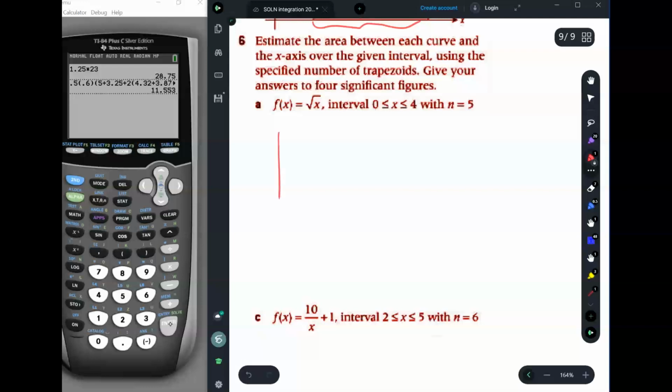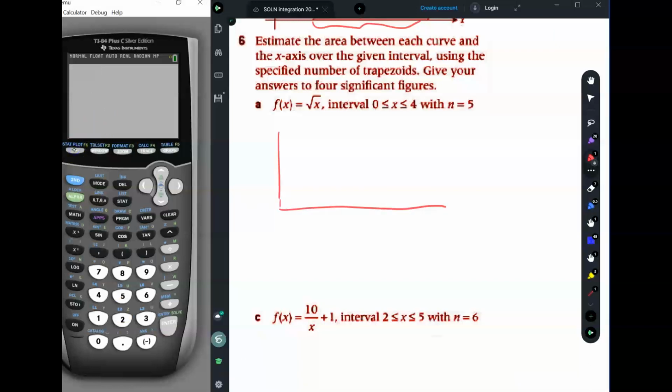I think it helps to make a little picture. If you want to, you could graph it on the calculator, and that'll help you make your picture. So my function is square root of x. And then I'm just going to graph it, and use the graph and trace to get the points.